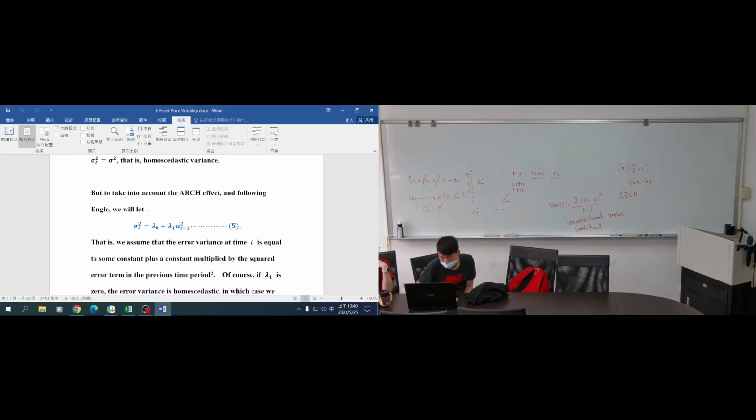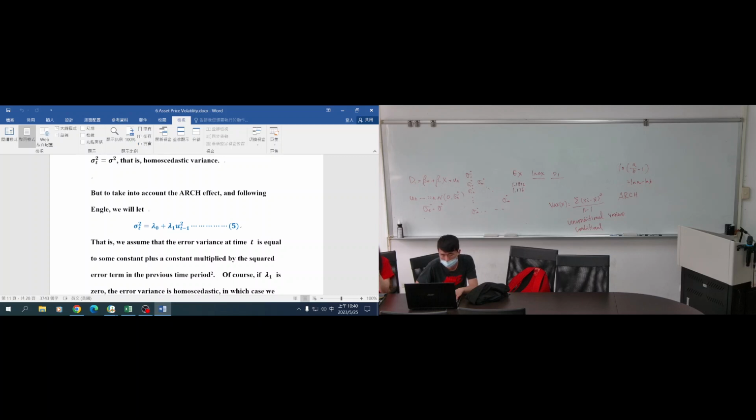Then if we're using the ARCH model, we reject the null hypothesis, meaning this value is not equal to 0. But also, since this is a variance, this one should be positive, since all variances are positive.